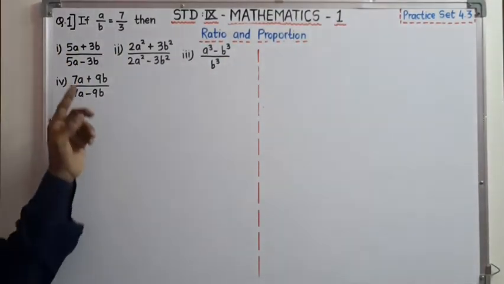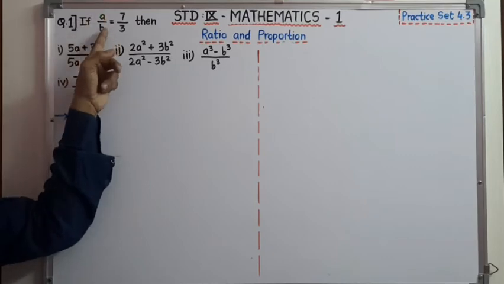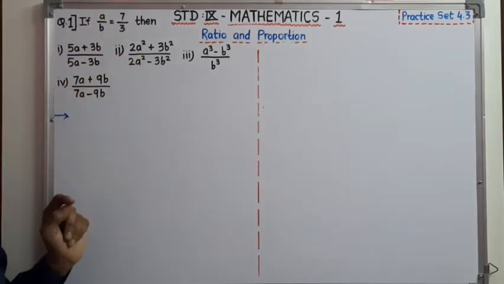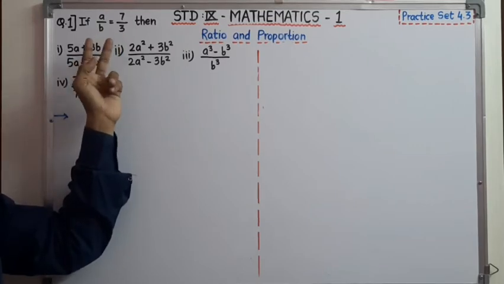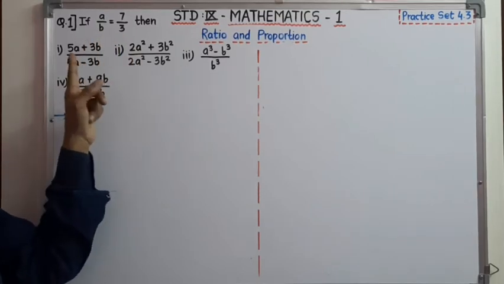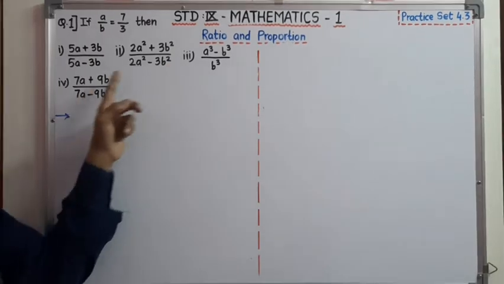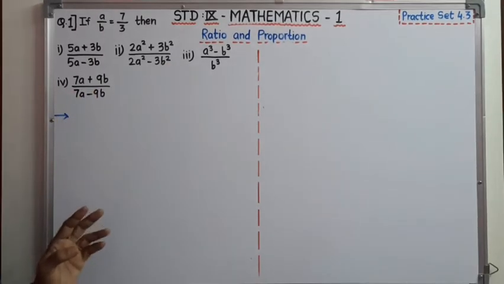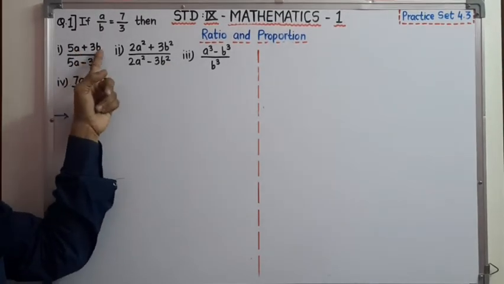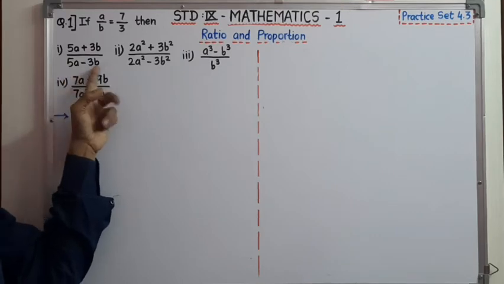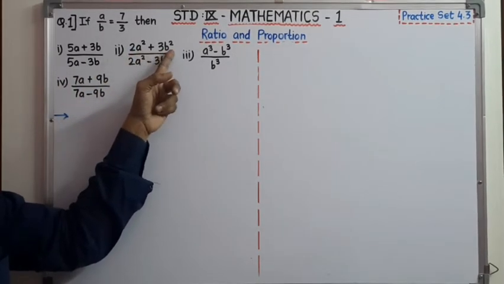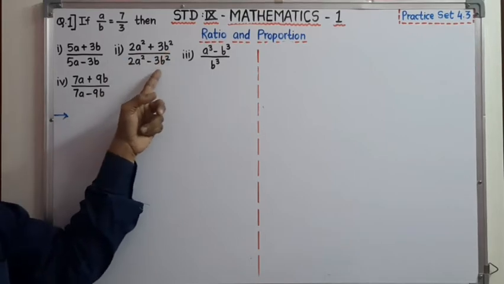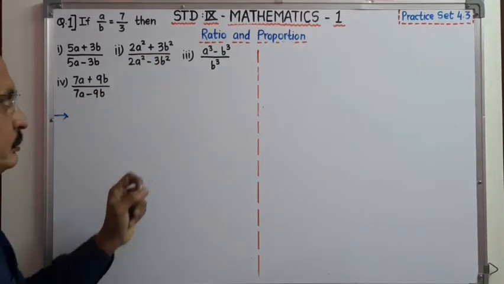Dear student, if a upon b is equal to 7 upon 3, that means these two ratios are equal, then we have to find out the values of these four ratios. First one is (5a plus 3b) upon (5a minus 3b). Second one is (2a square plus 3b square) upon (2a square minus 3b square).